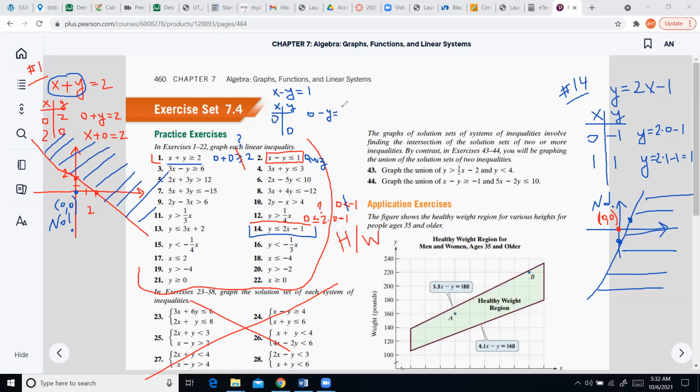The first says negative y is 1, so y is minus 1. And the second equation says when I put 0 for y, it'll be x minus y is equal to 1, so x is equal to 1. And this gives us a graph of a little line. On the y-axis, it's negative 1. On the x-axis, it's positive 1. So here's the line.